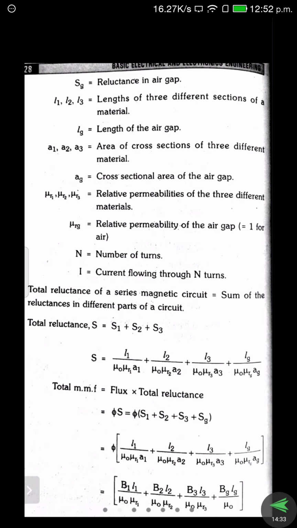Already we know that if we multiply phi in this equation, how can we get the equation?